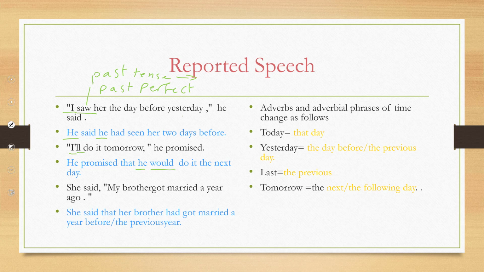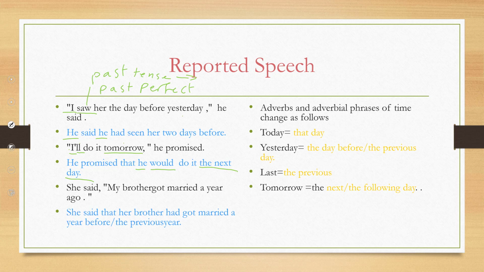Tomorrow is changed into the next day. Here we have lots of changes. We change the pronoun I. We change the will. We change tomorrow. 3 changes in this sentence: the pronoun, the verb, and the adverb of time.